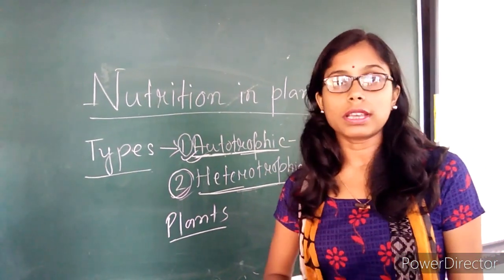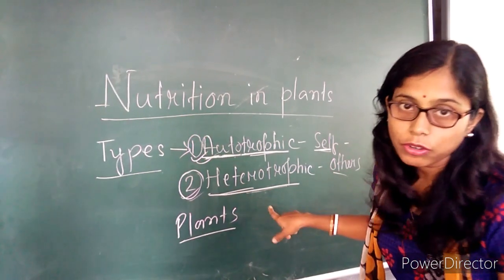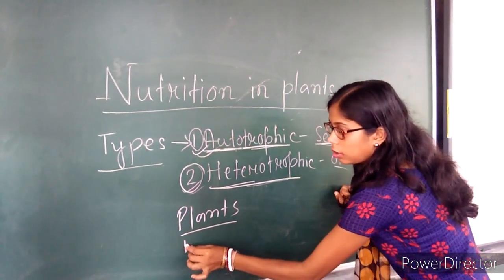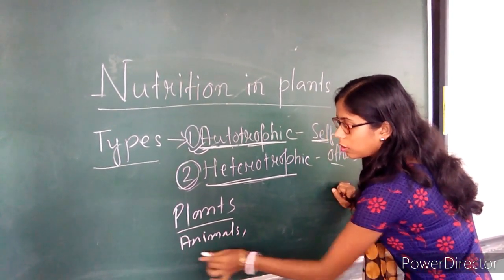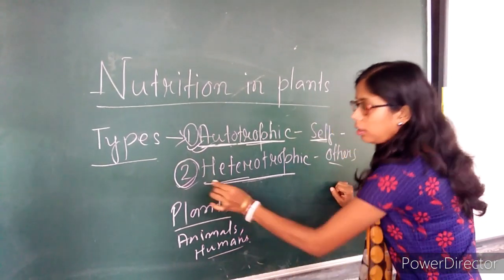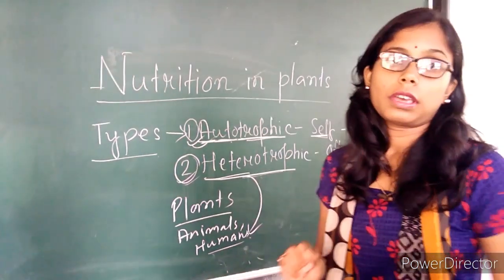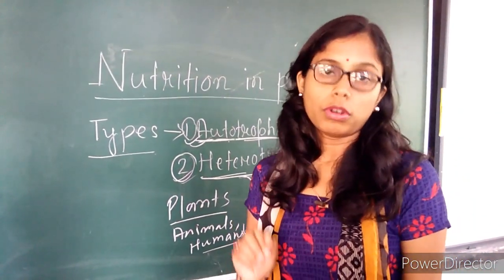They are called heterotrophs, and the mode of nutrition is called heterotrophic nutrition. All animals, human beings are called heterotrophs, and the mode of nutrition is called heterotrophic mode of nutrition.